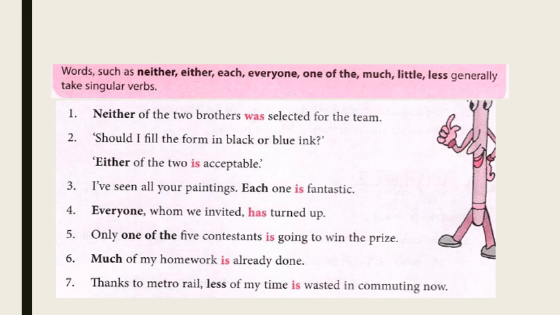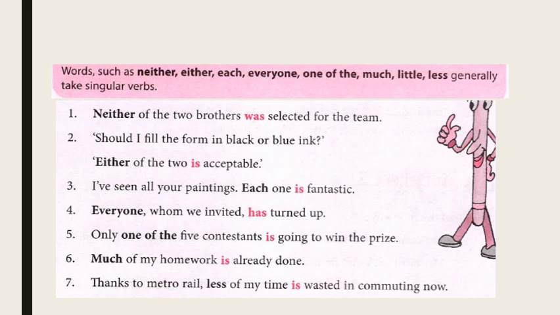The mistake we commonly make is that when we look at the noun brothers, immediately we start writing are or were, because brothers is plural. But when such nouns are connected with neither, either, each, everyone, etc., we need to use a singular verb. That's why, Neither of the two brothers was selected for the team.